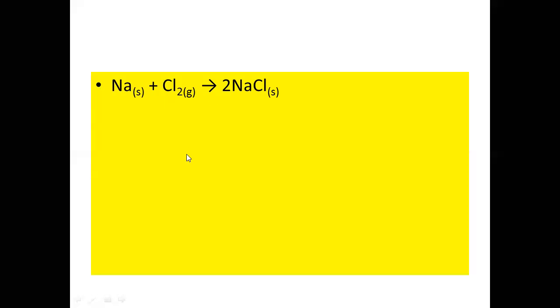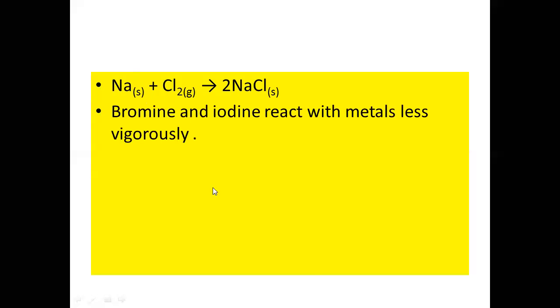And if we look at the oxidation states of the elements, you know that in elemental form the oxidation state of sodium is 0 and chlorine is also 0.